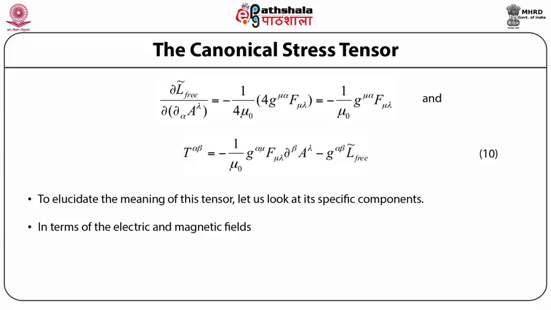In terms of electric and magnetic fields, L_free equals −1/(4μ₀) F_μν F^μν, equals 1/(2μ₀) into (E²/c² − B²).